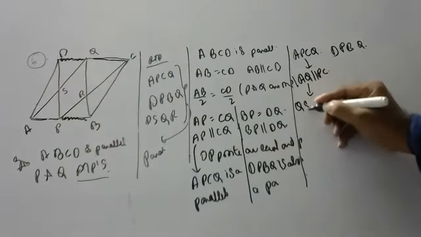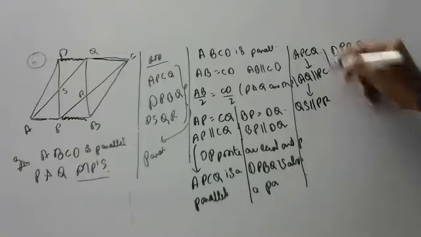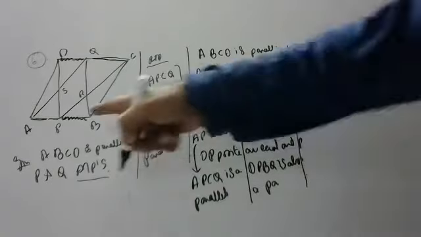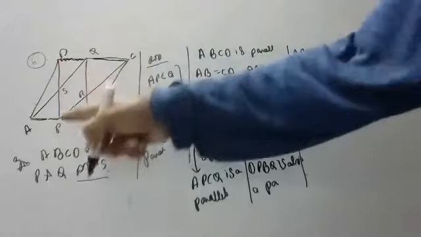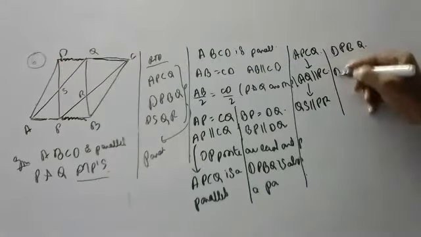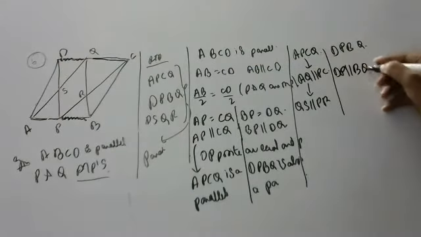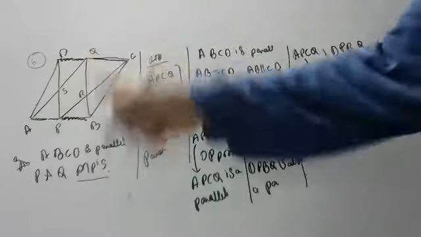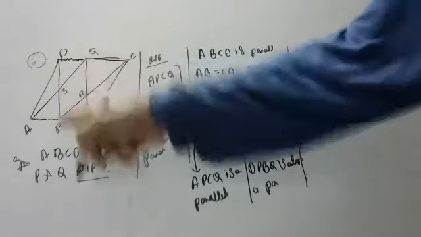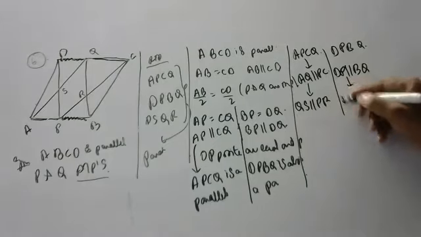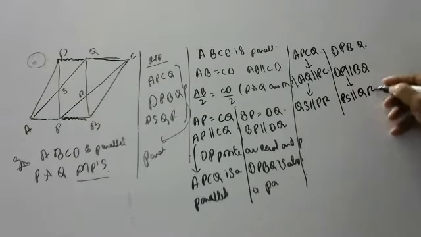It's okay, at least listen. If DPBQ is a parallelogram, can I say DP is parallel to BQ? Yes, sir. If DP is parallel to BQ, then PS is also parallel to QR. If the full line is parallel, these half lines are also parallel. So PS is parallel to QR.